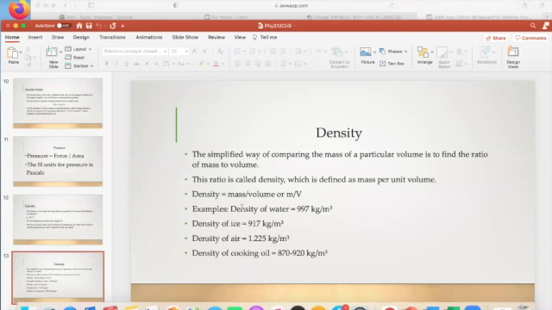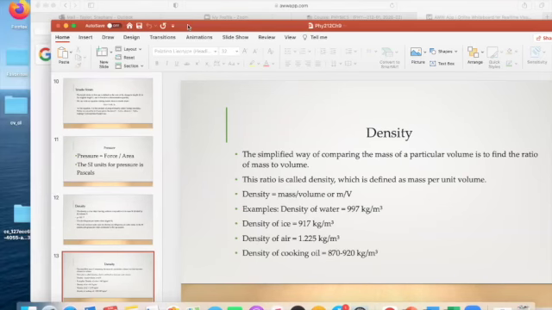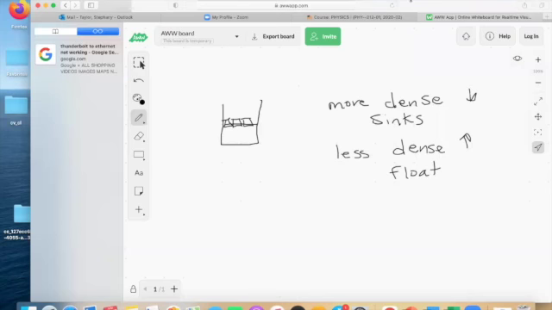If we go back to these numbers, we'll see that ice is 917, and then the water is 997. So let's go back to the whiteboard once again. The density of ice is 917 kilograms per meter cubed.